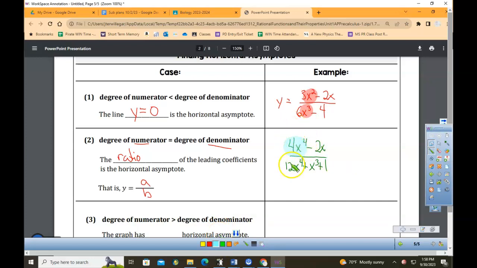So this is my biggest power, and this is my biggest power. This stuff in the back does nothing to my end behavior, so I don't worry about it. So for this one, my horizontal asymptote would be y equals, well, my leading coefficients, 4 over 12, or 1/3. Okay?